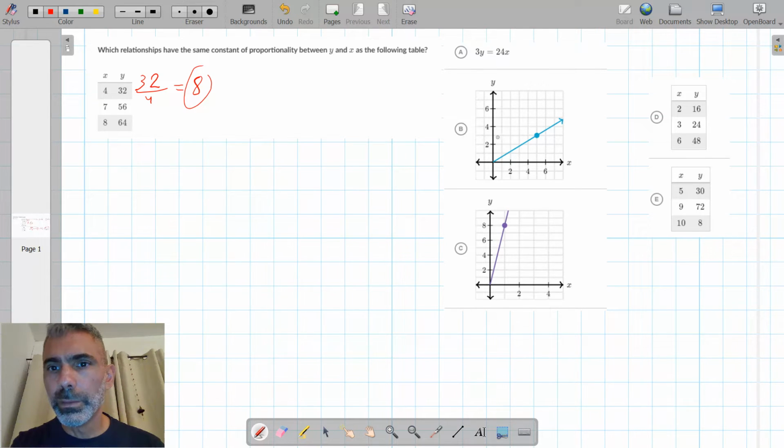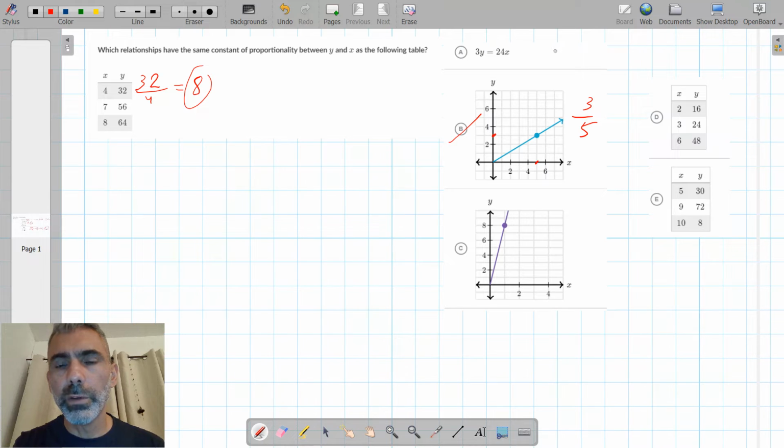So let's see here. Here y is 3 and x is 5, so 3 divided by 5 is not the correct option. 3y equals 24x.